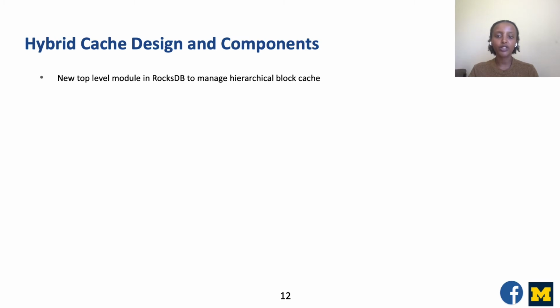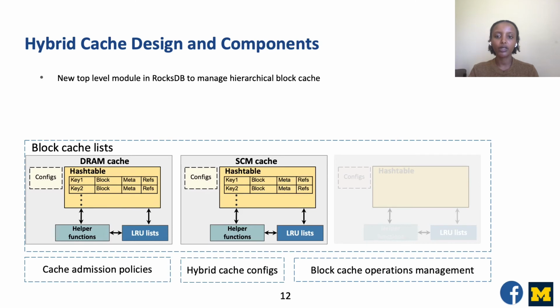A hybrid cache is a new top-level module that handles multiple caches in a hierarchy. The internal components are, first, a list of block caches. Here we only have DRAM and SCM cache, but the module can handle multiple caches. And with changing configurations, we can have memory allocation to more memories than DRAM and SCM, for example, DRAM NUMA node, Optane SSD, and so on.